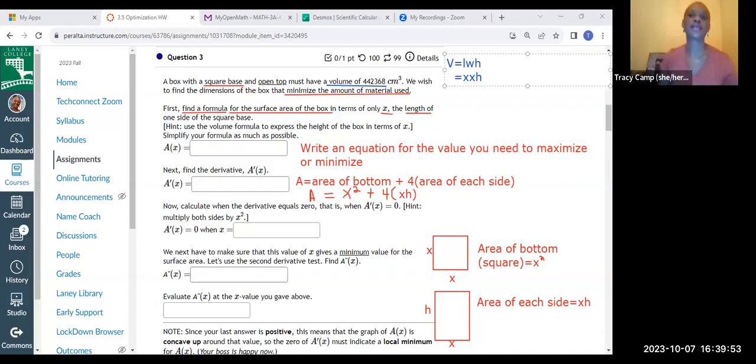So our volume is X times X times H, or in other words, X squared H. So since our volume is equal to 442,368, we can say that X squared times H is 442,368.